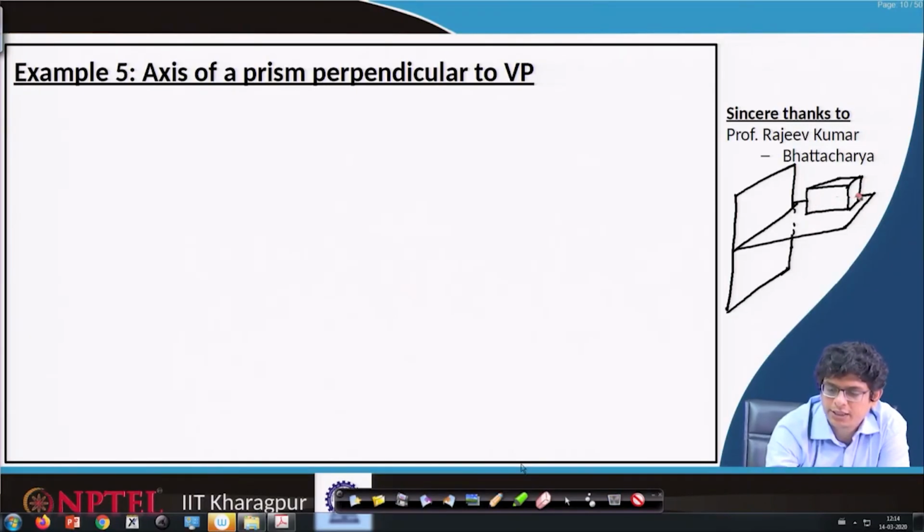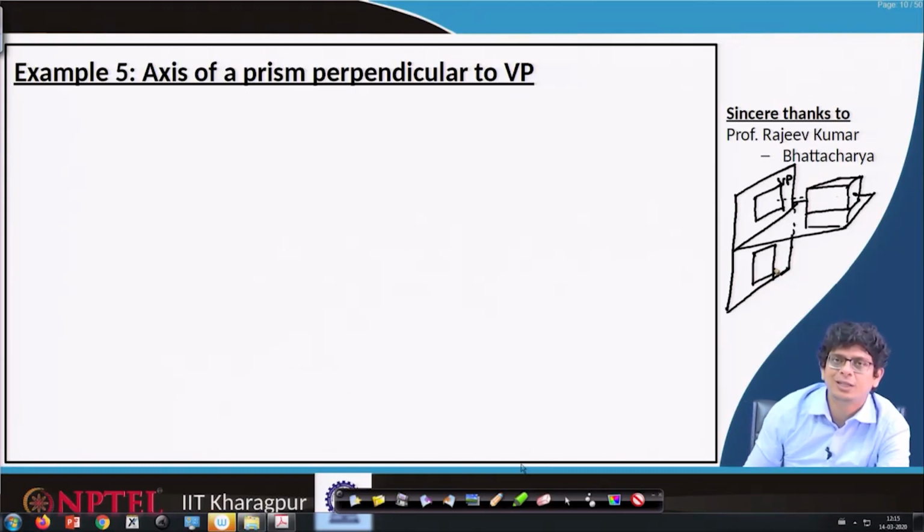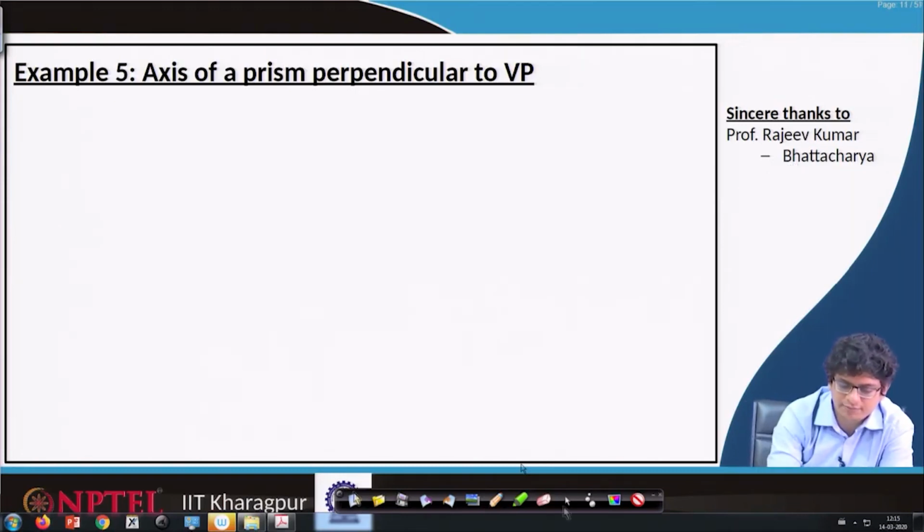If we are looking at this kind of prism, then the axis is perpendicular to vertical plane. Then what we will see is a rectangle here, and here it also maps to a rectangle. So, what we will see is a rectangle in that way. Different prisms, different kind of projections.